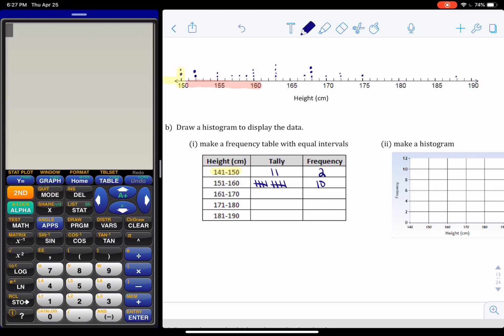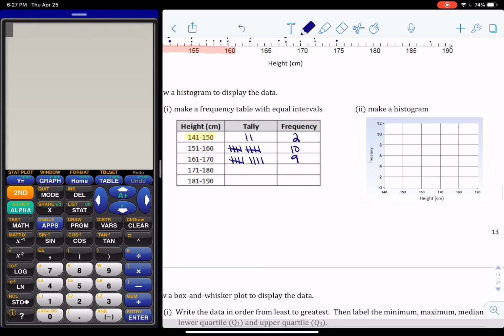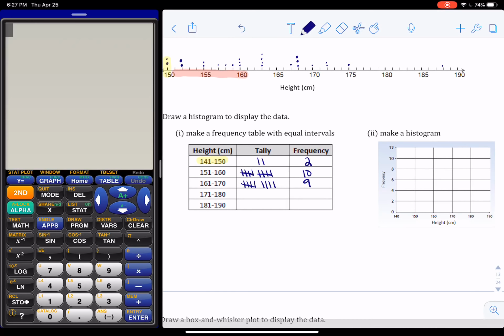All right, and then so on. When we look at 161 through 170, I see 9. From 171 to 180, I see 3. And between 181 and 190, I see 1.